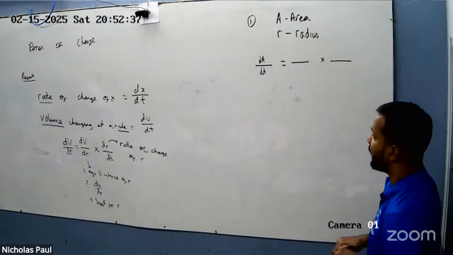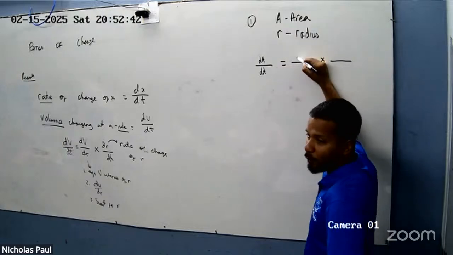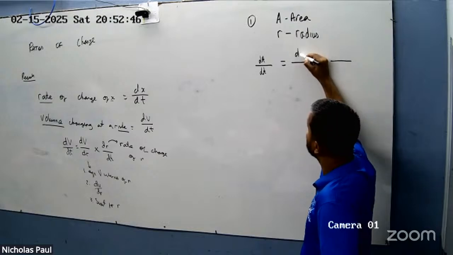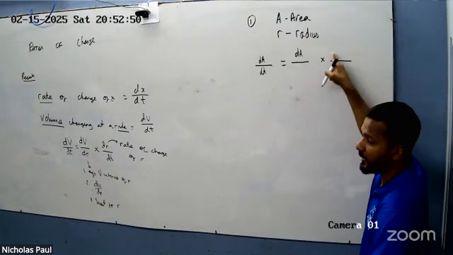Right? So in the question, you want to get dA/dt. So what goes in here? dA, and what goes in here? dt. And what's the next variable that goes in here?